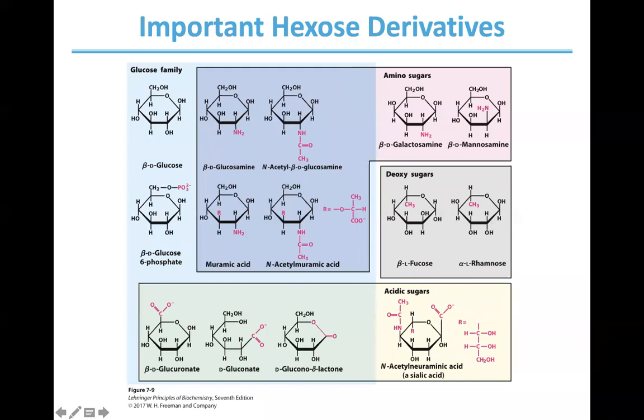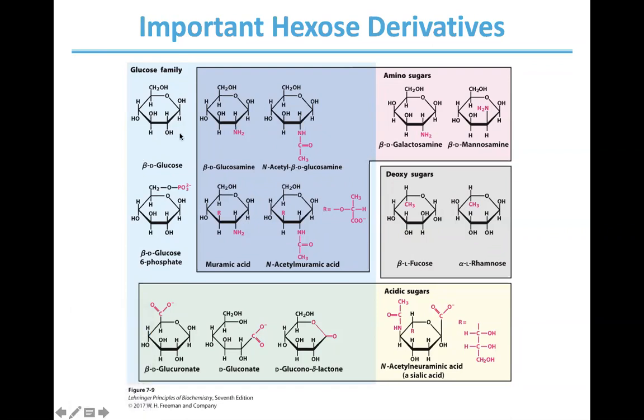Once it's a ring, or when we first see it as a line? Yeah, the anomeric position pertains to the ring form only. Okay, thank you. So in the open chain, you just have the aldehyde or a ketone.